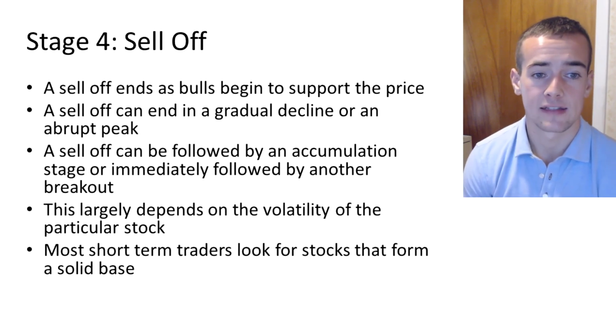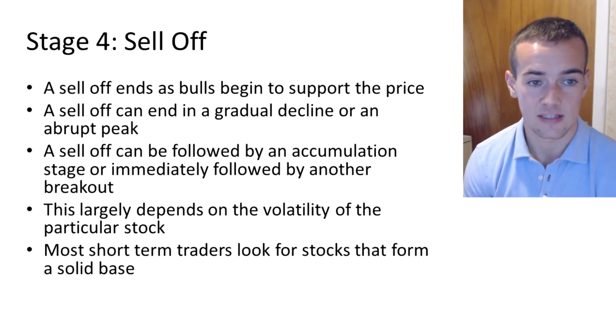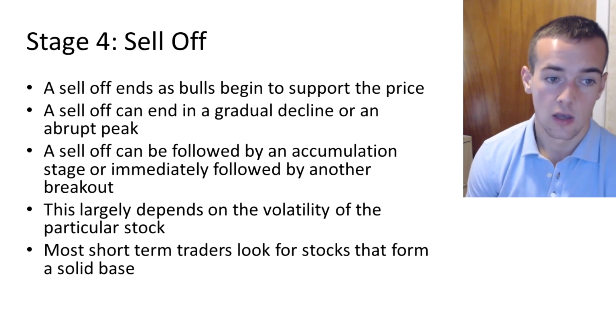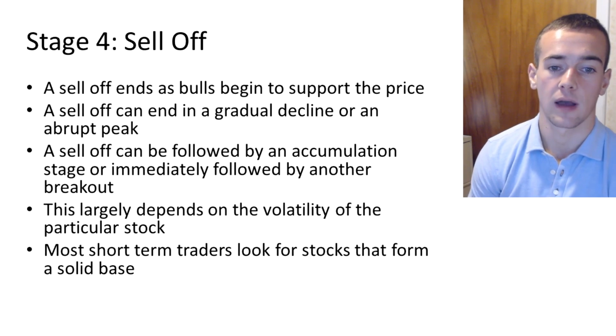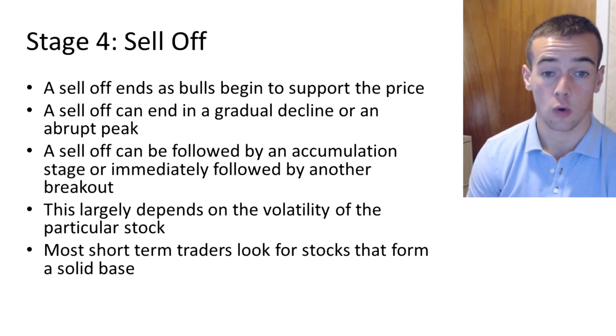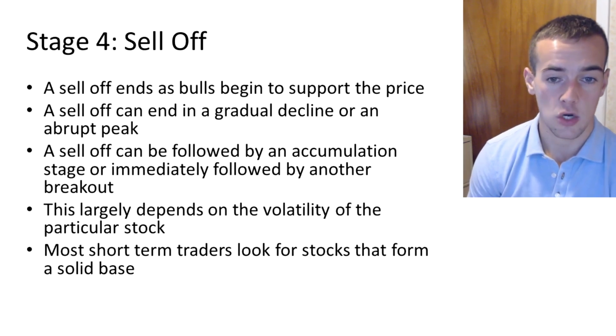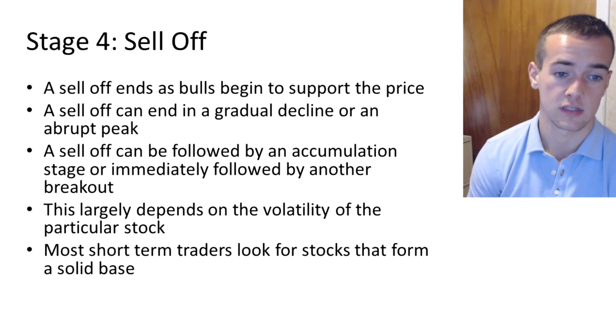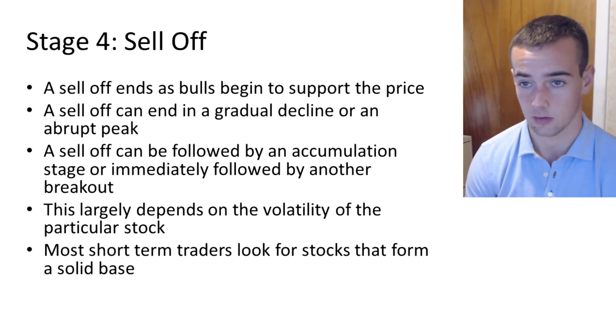Now, a sell-off ends as bulls begin to support the price, and a sell-off can end in a gradual decline or an abrupt peak. So a sell-off can be followed by an accumulation stage or immediately followed by another breakout. As we saw with Sears, there were two occasions where the sell-off resulted in another breakout immediately, and this just depends on the volatility of the particular stock.